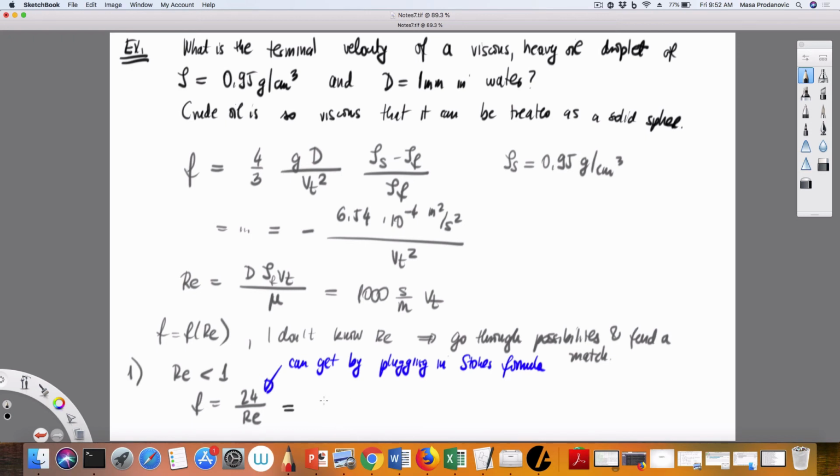I get minus 0.64 times 10 to the minus 4 divided by v_t squared.